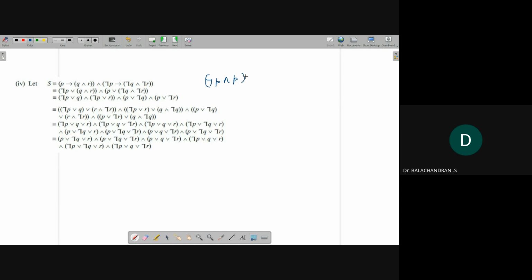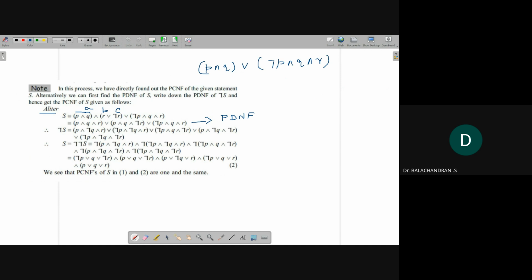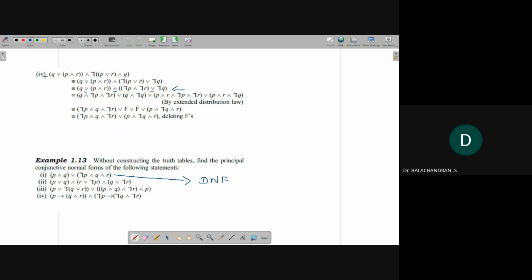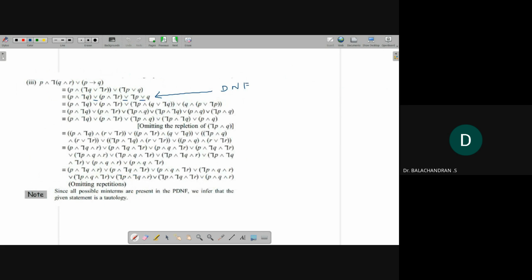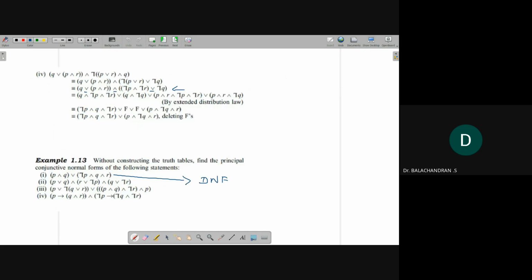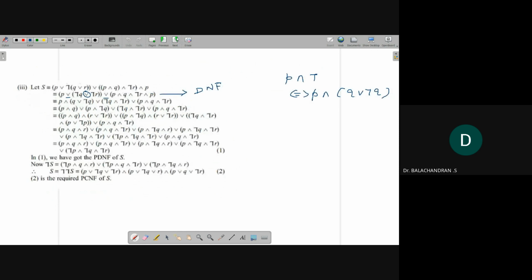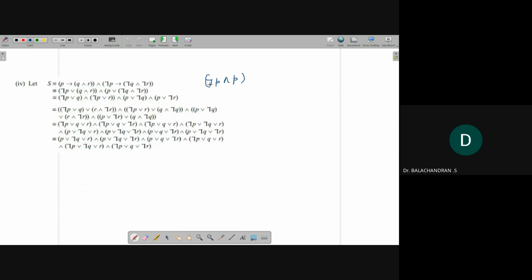I think this problem and the fourth problem in PDNF are same. P implies Q and R. Look at this one. I'll go to the fourth problem. I think not the fourth problem, maybe I saw it somewhere else. It's okay, no problem. If I try like this, what happened?